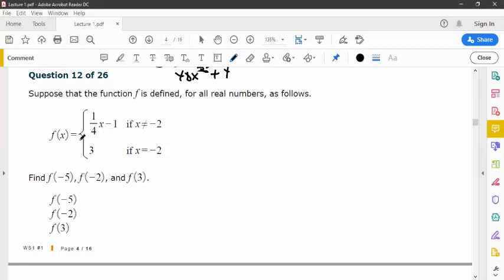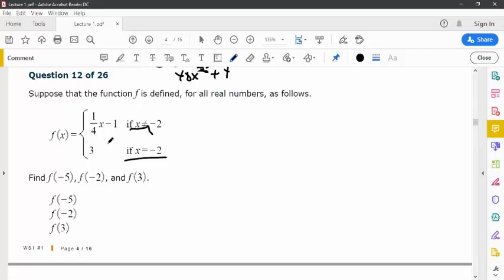So it says f of x equals 1/4 x minus 1 if, so here's the restrictions, if x does not equal -2. So if x doesn't equal -2, you plug the value in for x for 1/4 x minus 1. And it says if x does equal -2, then your answer in this case is simply 3. So here we're given 3 different problems to do.